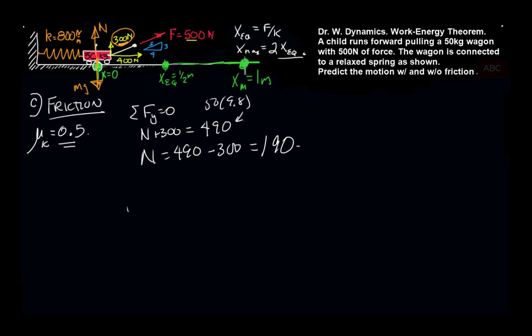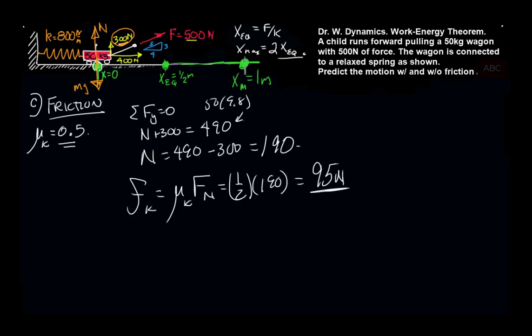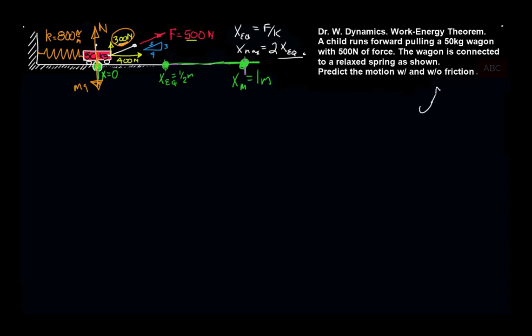And therefore the frictional force will be mu k times Fn, which will be 1/2 times 190. So we have 95 newtons worth of friction acting on it. So let me record that over here. The friction is 95 newtons. And let's apply the work energy theorem once again.